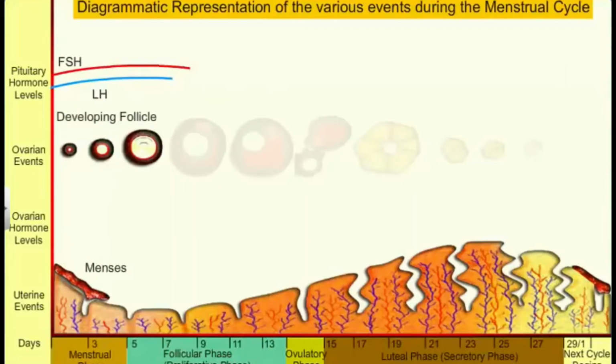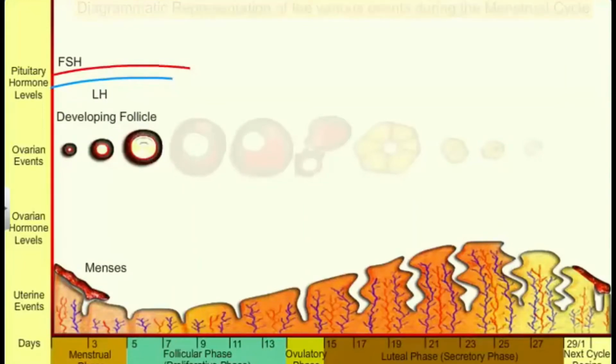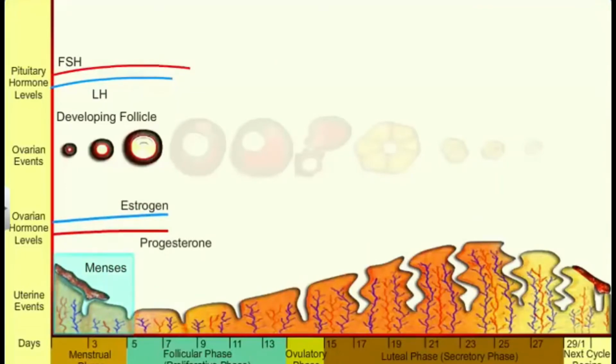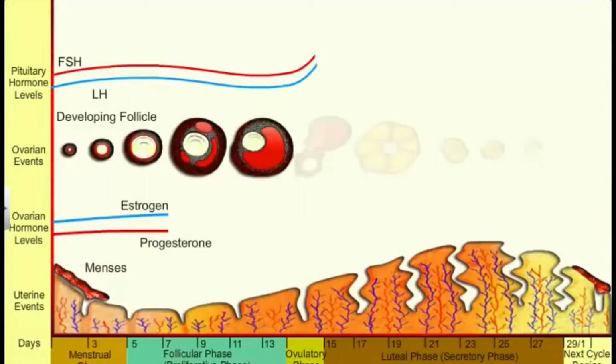Now that stimulates the development of the primary follicle. However, the amount of estrogen and progesterone released by the ovary during this time is less, which causes the thickening of the endometrium. The release of LH and FSH keeps increasing, and during the follicular stage, these two hormones stimulate the maturation of the primary follicle into the Graafian follicle.